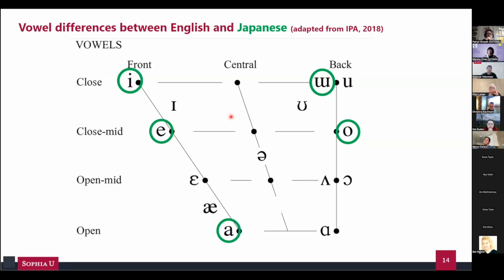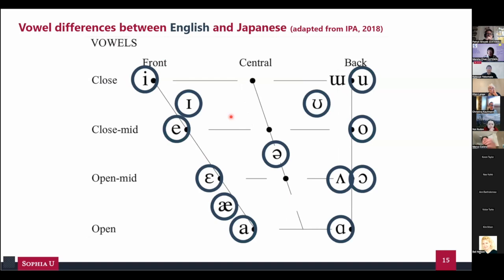But still, it's not easy because English has a lot more. So you can easily imagine how difficult it is for Japanese learners to learn new vowels that do not exist in their language, in my language.